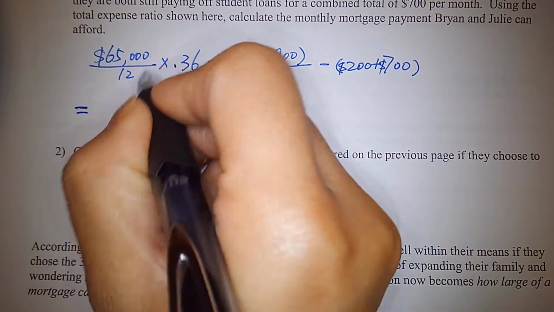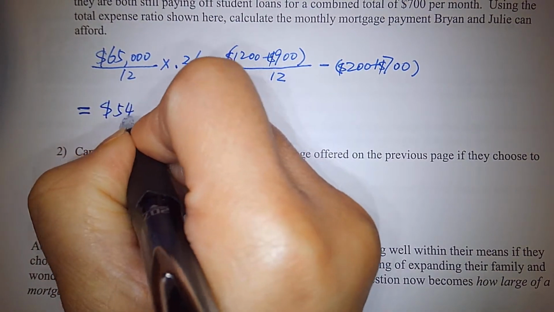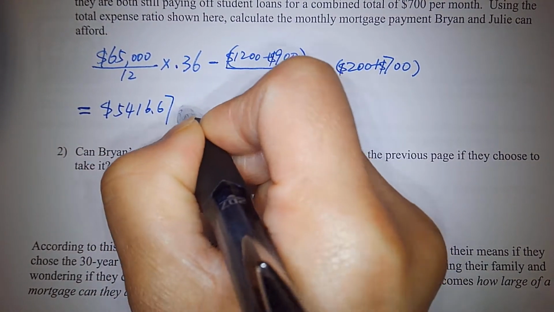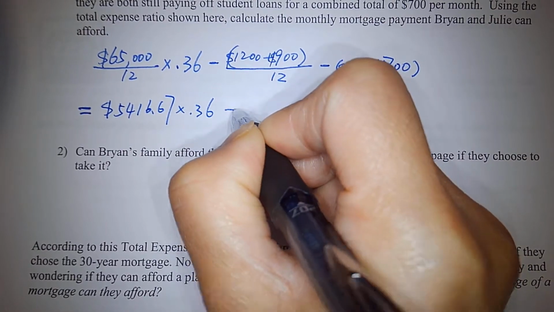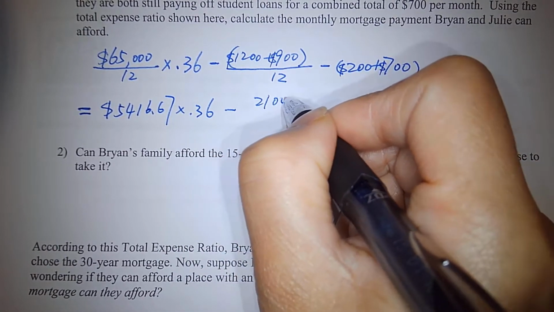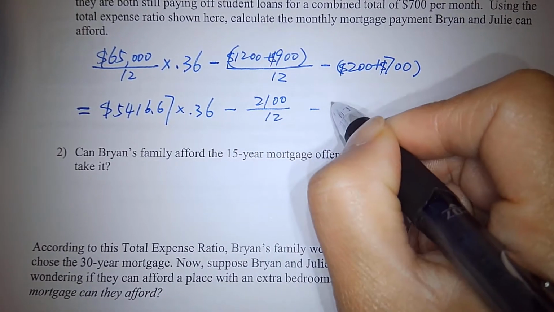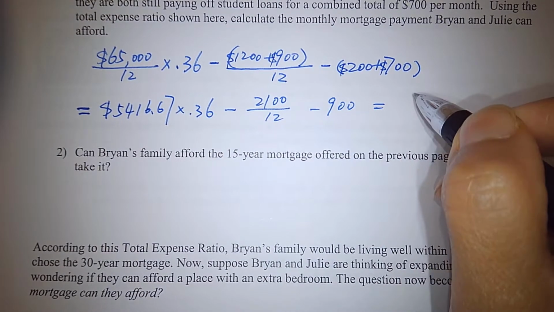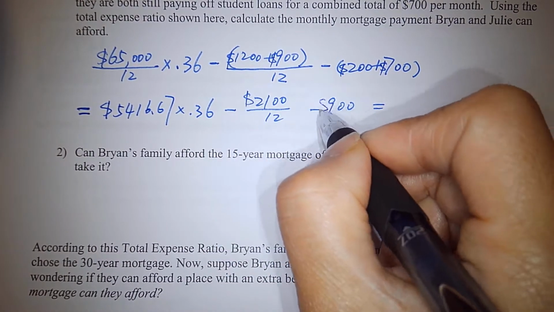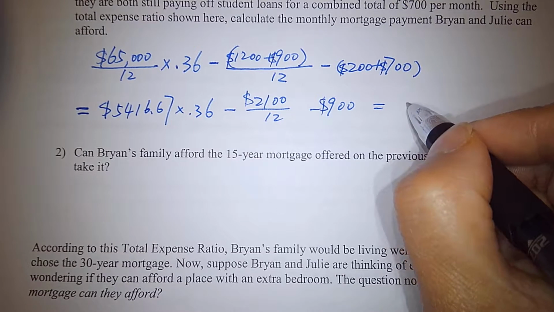We know the division gives us 5416.67 times 0.36 minus 2100 divided by 12 minus 900. So eventually, what is your answer then? Anyone get an answer?